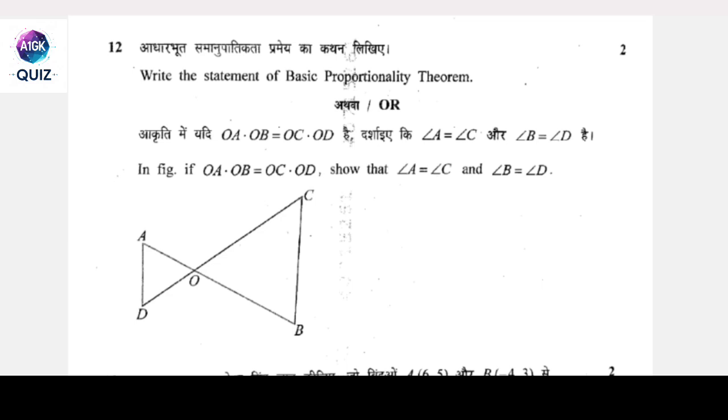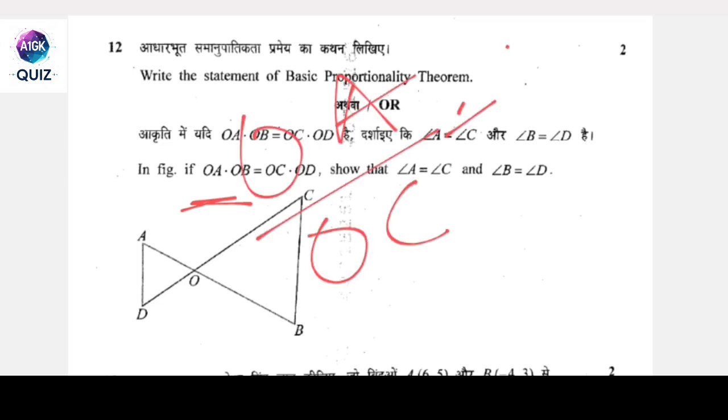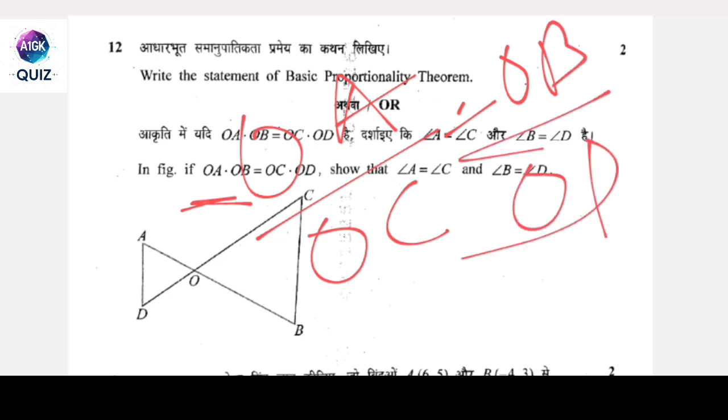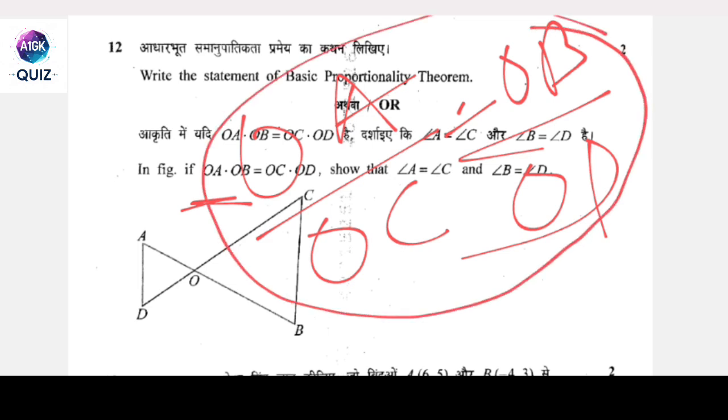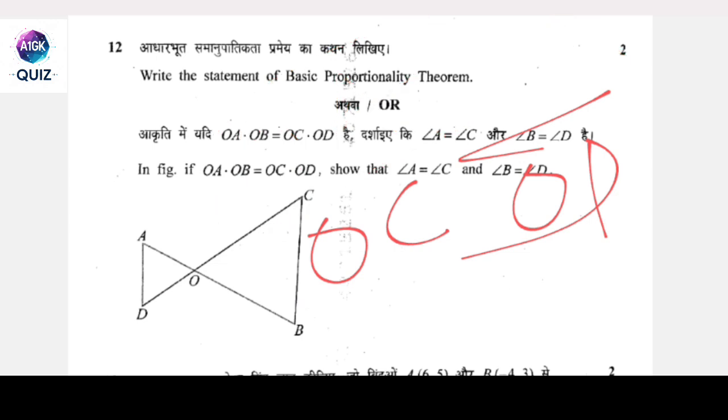Our question is, in the figure OA into OB is equal to OC into OD, then show that angle A is equal to angle C and angle B is equal to angle D. If OA and OB are multiplied, we can write as OA by OC equal to OB by OD. It means that the ratio of their corresponding sides are in same proportion.